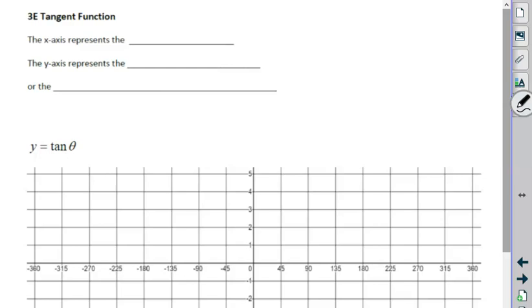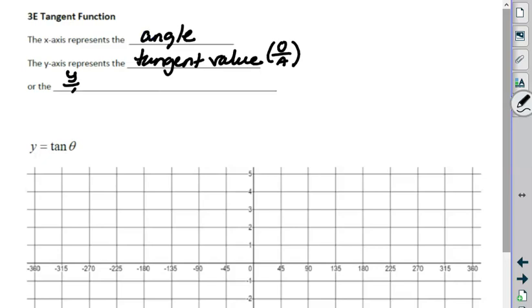Let's look at the tangent function. Once again, the y-axis represents the tangent value. The tangent value is opposite over adjacent. Now on the unit circle, opposite over adjacent is y over x.